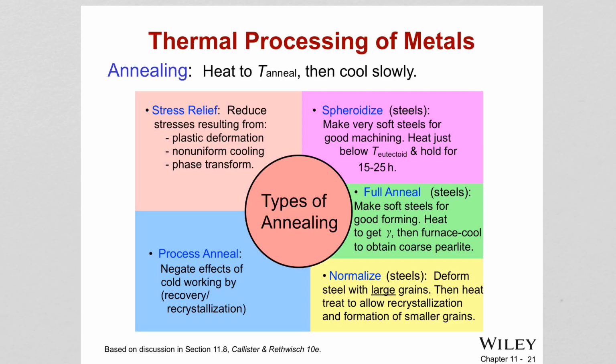So there are different types of annealing techniques. One is process annealing. Process annealing is done to eliminate the effects of cold working, basically softening or increasing the ductility of previously strain hardened material.